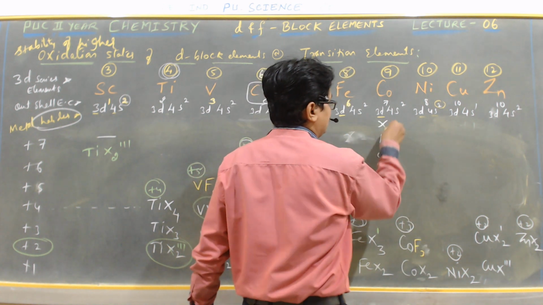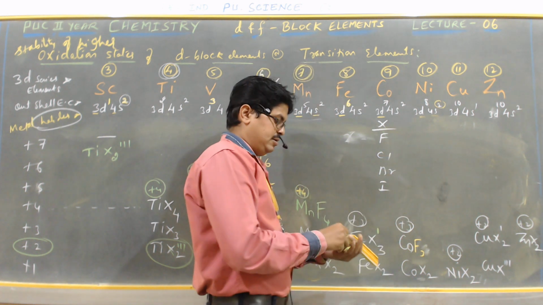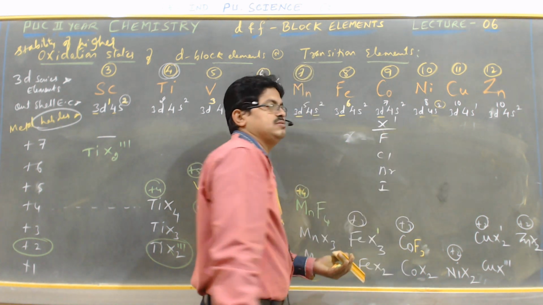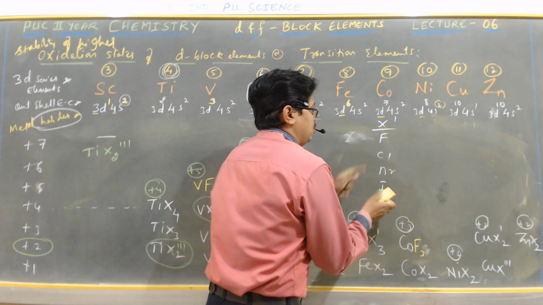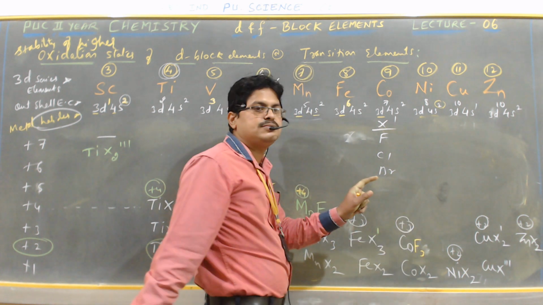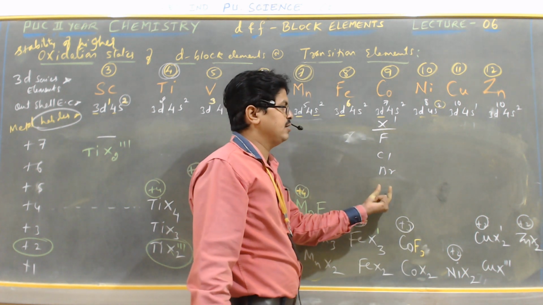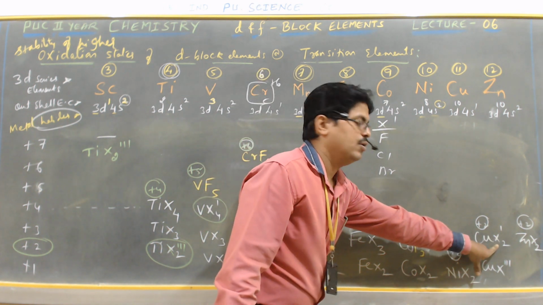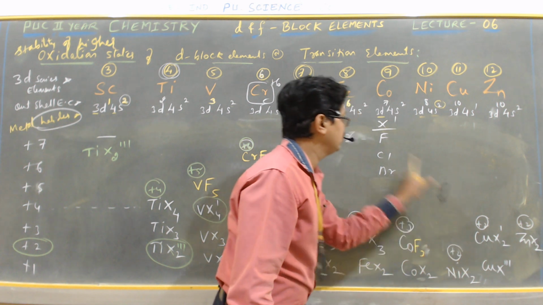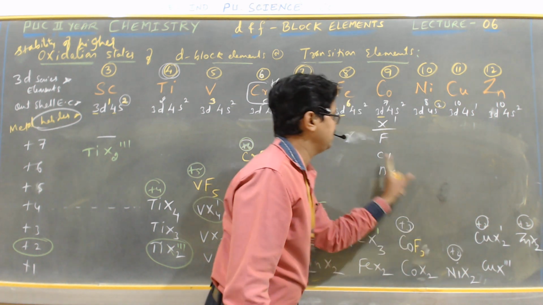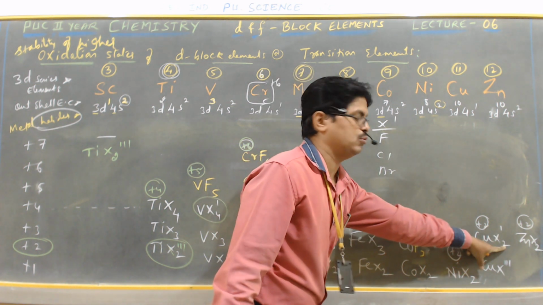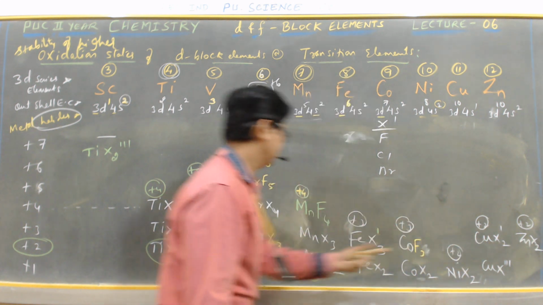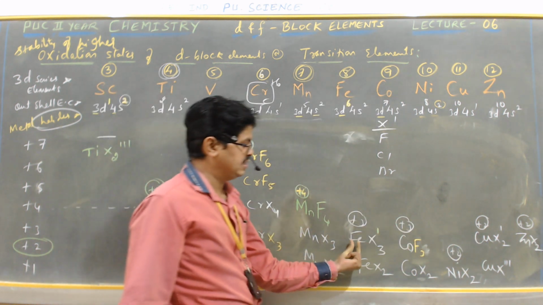If I write X dash, it means it is only from fluorine to bromine. Fluorine to bromine. No iodine. X dash is there now. Means CuF2, CuCl2, CuBr2. Here also same with respect to iron. FeX3.